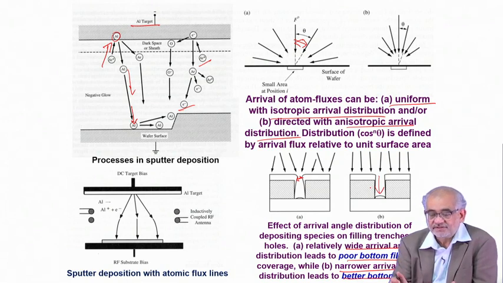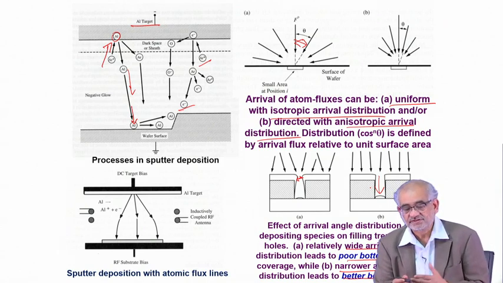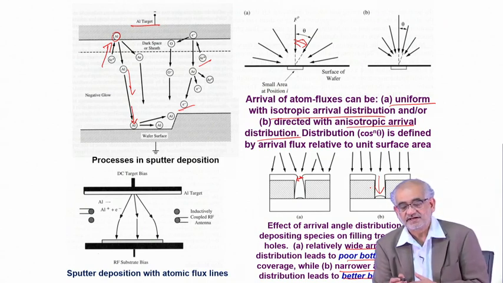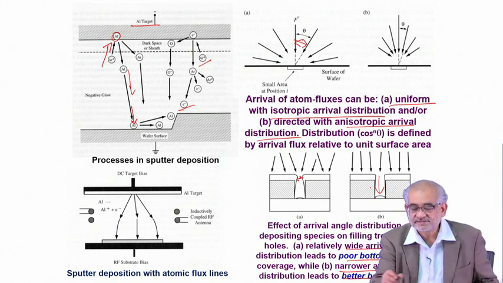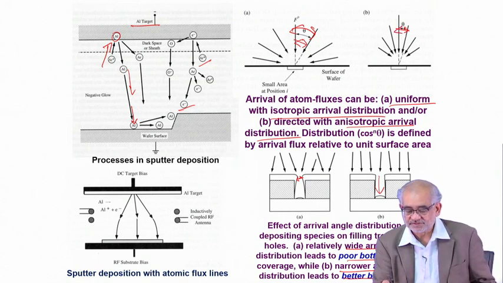So the arrival direction, or the directionality of the flow of these atoms during sputtering, assumes very high importance. In that case, we may use either wider or shallower angle of deposition.